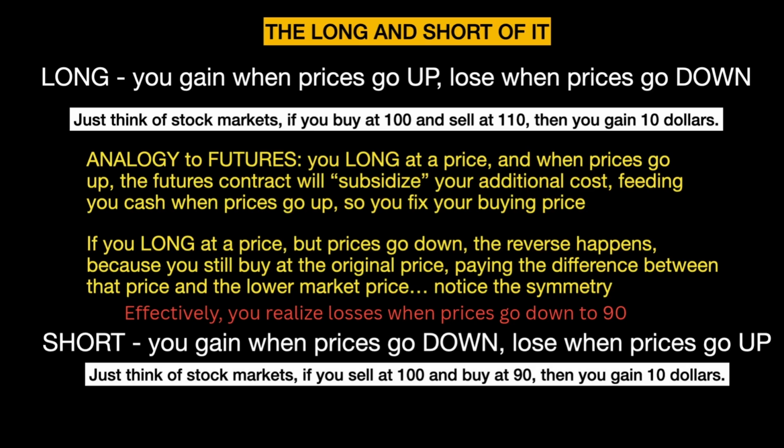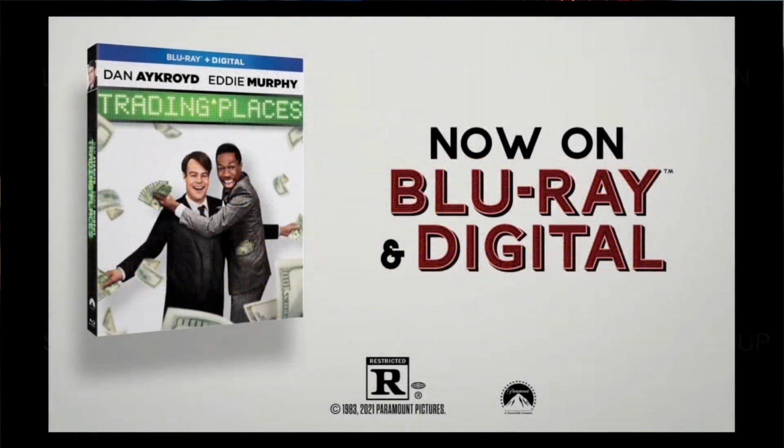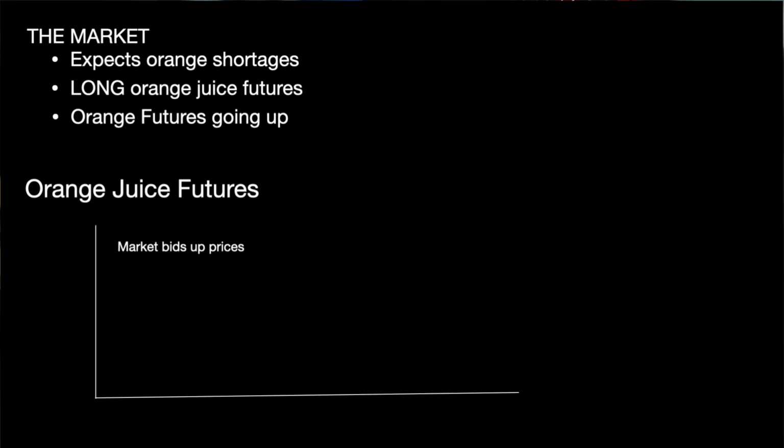Now, this might need some getting used to. So for now, I'll give you another example. If you watched that classic movie called Trading Places, starring Eddie Murphy, his character was trying to make money in the futures market by trading orange juice futures. The whole idea is that the futures price was going up because people were led to believe there was a shortage of oranges.